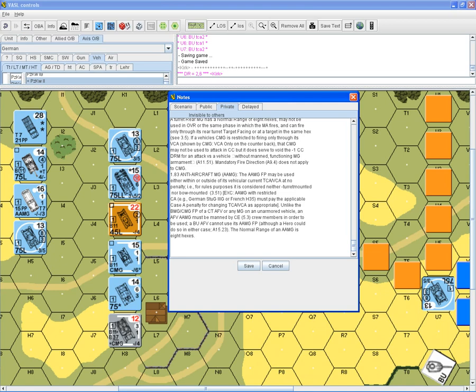But the important rule to remember for this is that a button-up armored fighting vehicle cannot use its AAMG. So if your vehicle is buttoned up, you cannot use your AAMG. You must be crew exposed. Your crew must be able to shoot and fire it.